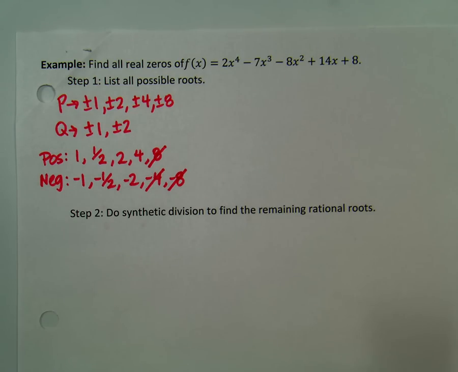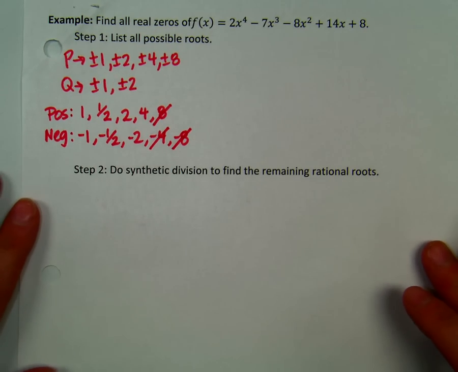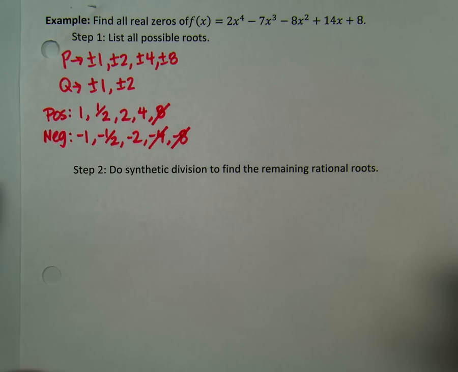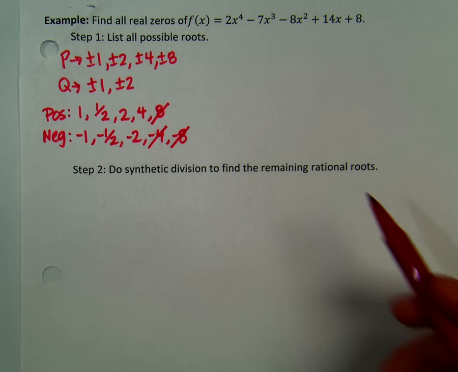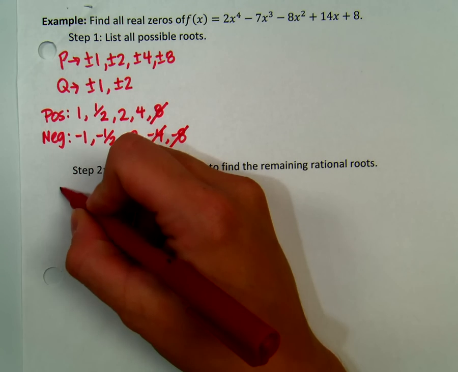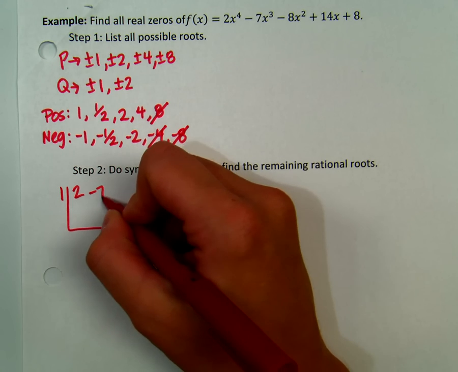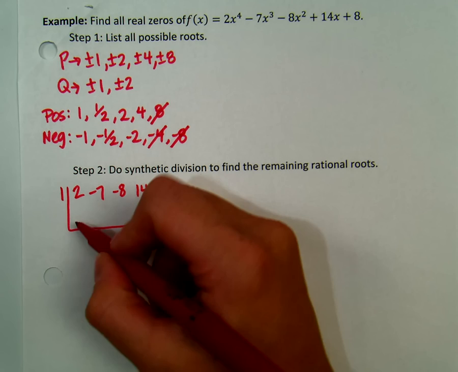All right. At this point, we're going to go on to step 2 where it says do synthetic division to find the remaining rational roots. This could be trial and error. All right, so we'll start with 1 as our first value. If we start with 1, we set up our synthetic division, and you just quickly go through this.